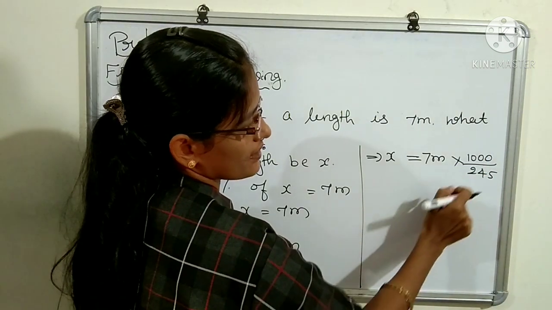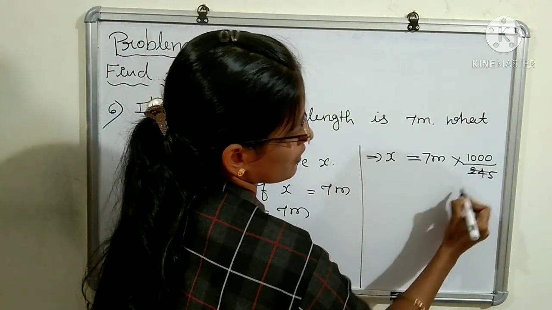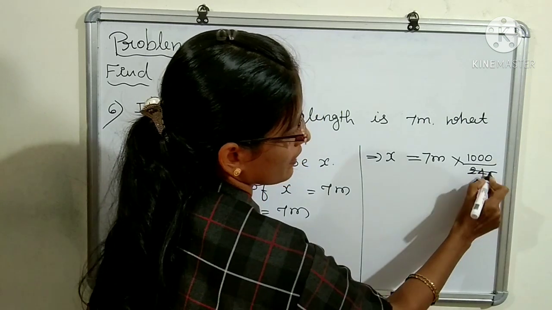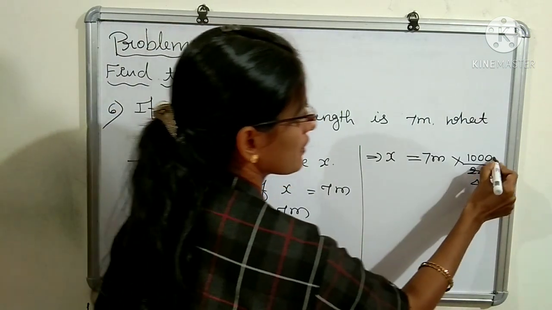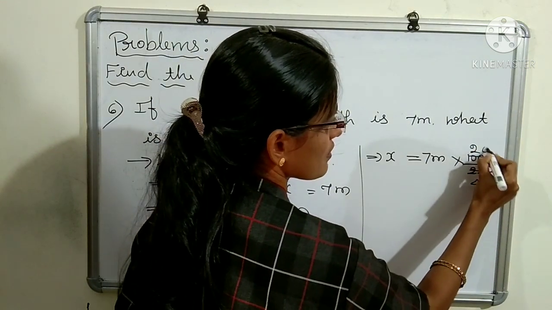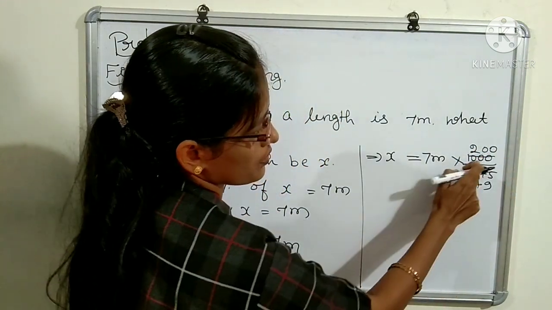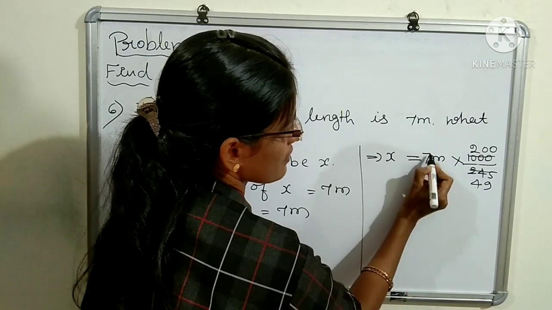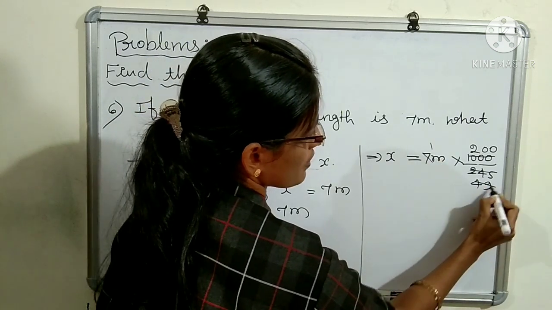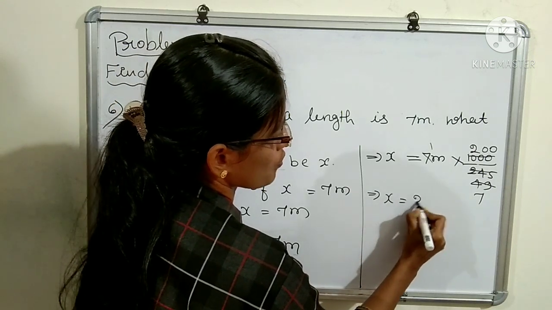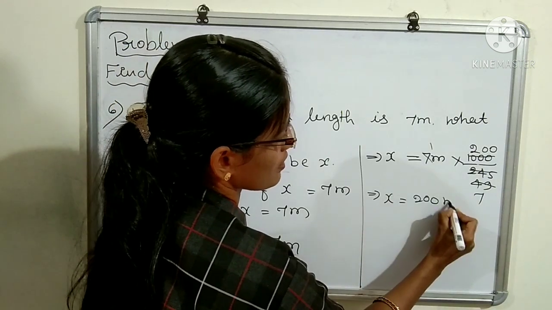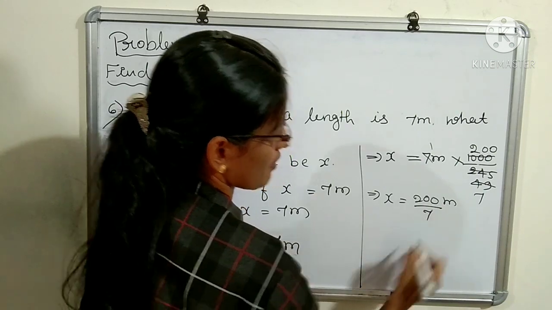Now simplification. From 5s we can easily simplify. Here 5 4s are 20, 45, 5 9s are 45. Here 5 2s are 10, zeros as it is, 2 zeros. Next here 7 1s are 7, here 7 7s are 49. X is equal to 200 meter divided by 7.